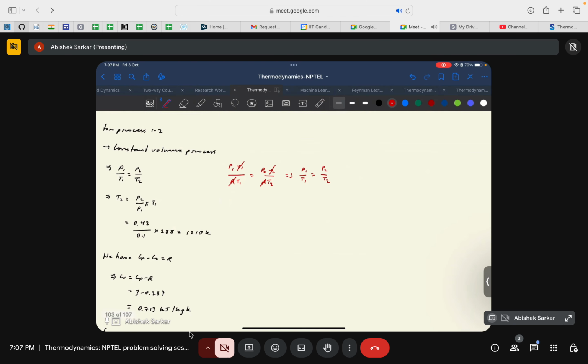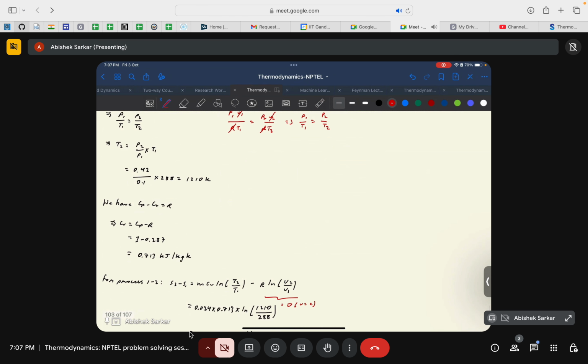Now since it's a constant volume process, we know that the change in the entropy is given by, from the TdS relations, if I just go back here, this equation.